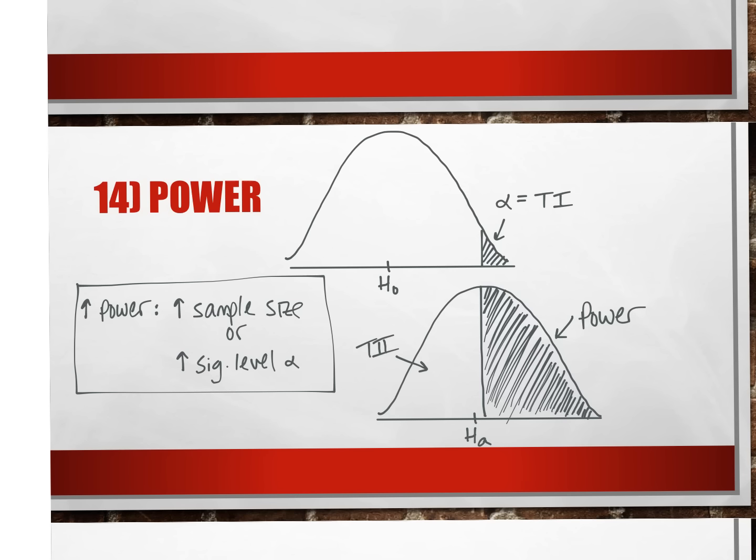Therefore, our test statistic, the place that we actually draw our line, is going to be farther away from the center if we have less spread. So again, that makes a really small p-value, which makes us more likely to reject.